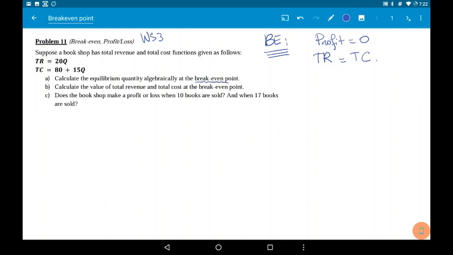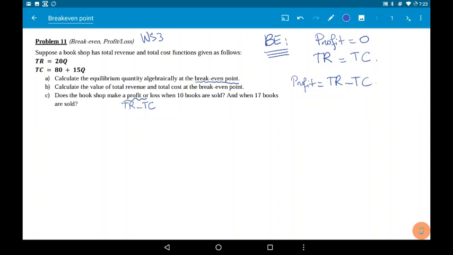This is what break-even point means. Profit equals total revenue minus total cost.